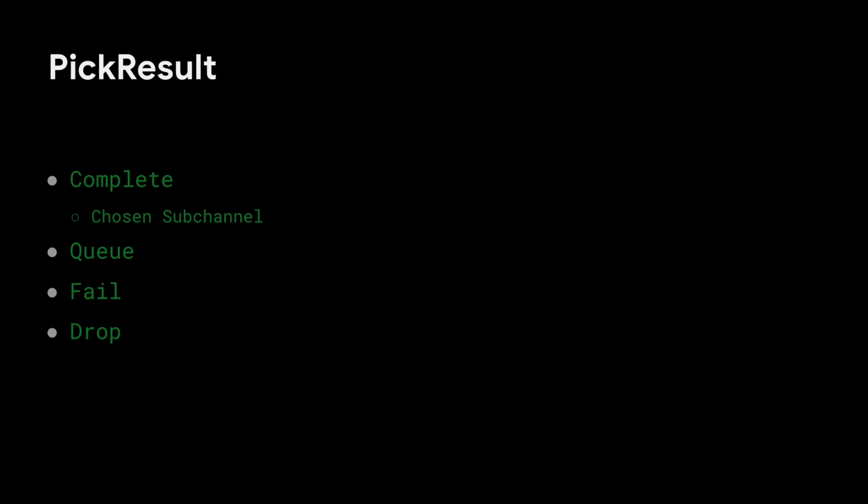The third one is fail. So in this case, the picker can't find a ready subchannel, and it doesn't see a way of finding one either. So it asks the gRPC channel to fail the RPC. In this case, RPCs which specify the wait for ready call option will be queued, but other RPCs will fail.